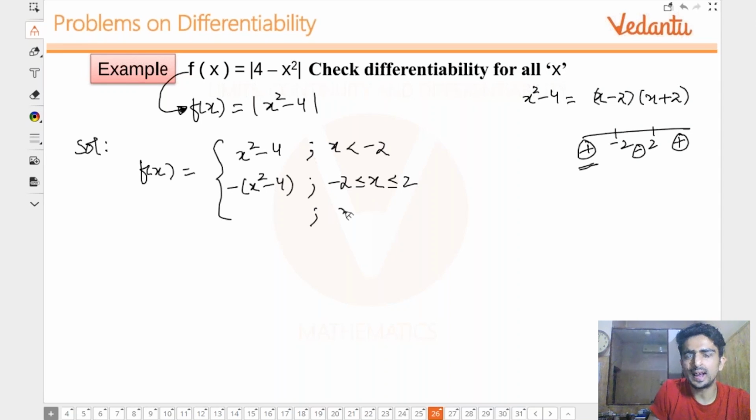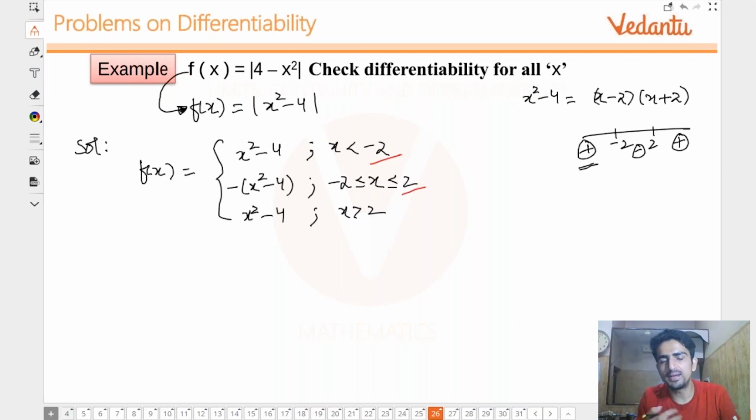And when x is greater than 2, my inside term is positive, so the mod opens up as such. So first of all, in this question, we have to remove the mod to see how the function looks. And hence, I understand that I need to check differentiability at -2 and 2, because about these two points, my definition is changing.